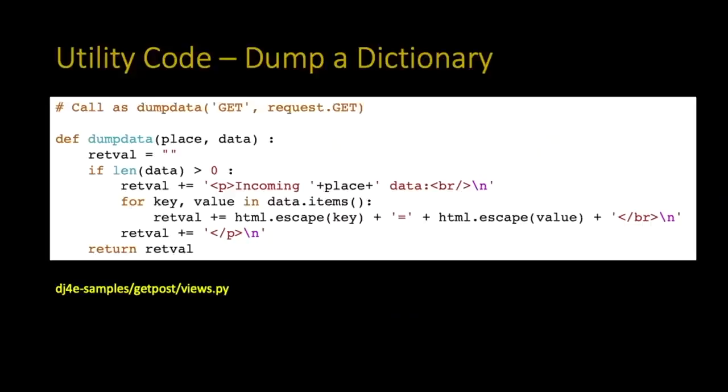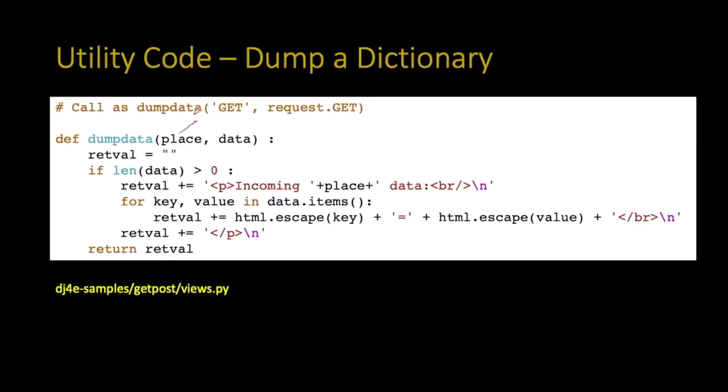And so let's take a look at some code here. This is a little bit of utility code that I'm going to use over and over and over again because the get data and the post data and even the cookie data come in as dictionaries. They look like dictionaries, key value pairs. And so I just wanted a way to dump the data.